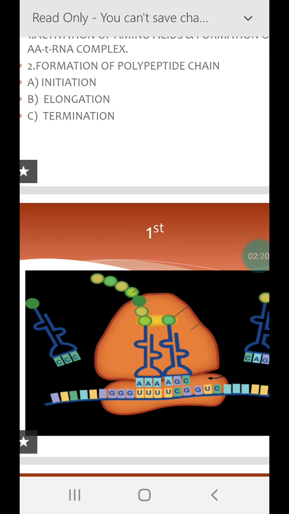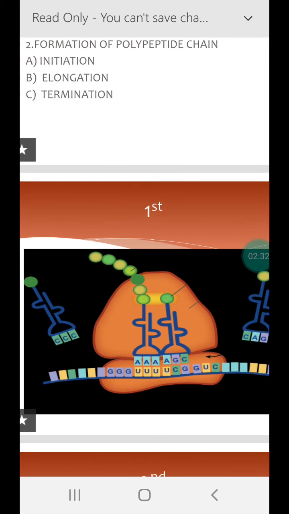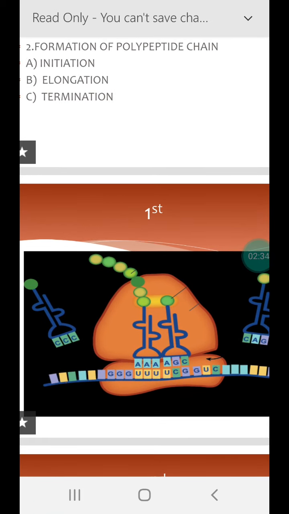Now the formation of polypeptide chain is actual translation, and which involves 3 steps, that is the initiation, elongation and termination. So first we will see initiation.